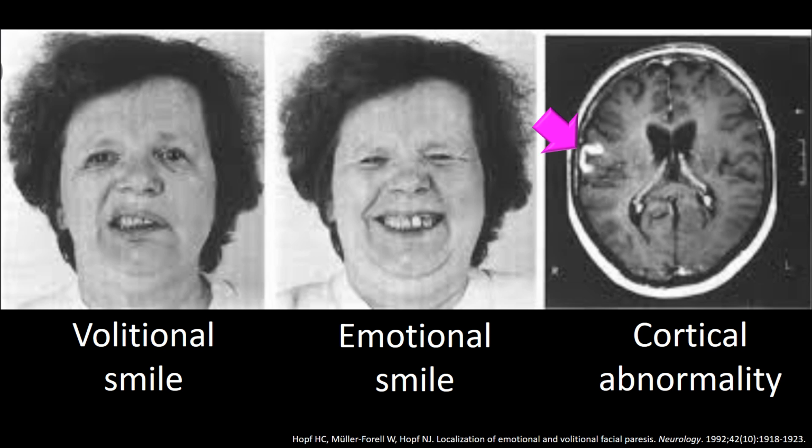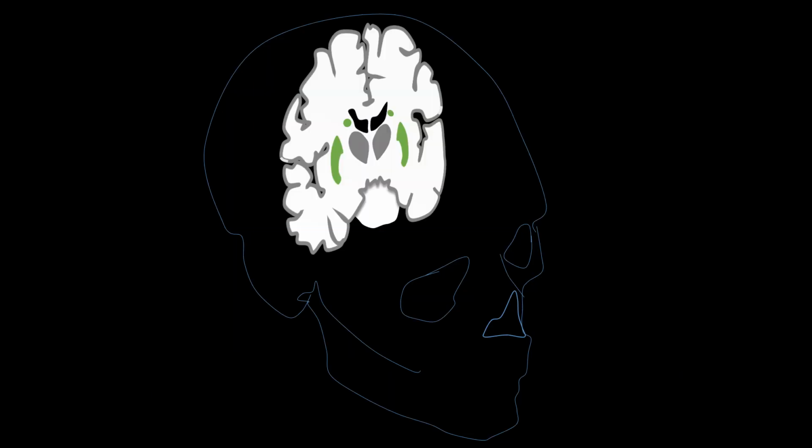Notice the cortical lesion in the right precentral gyrus, her inability to move the left corner of the mouth on command, but her ability to move the corner of the mouth during an emotional smile. This is so because smiling seems to be controlled by two upper motor neuron systems. One is concerned with volitional smile and the other with emotional smile.